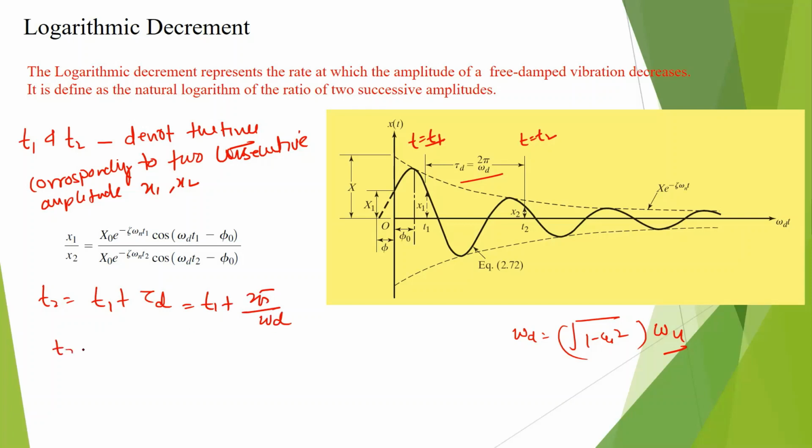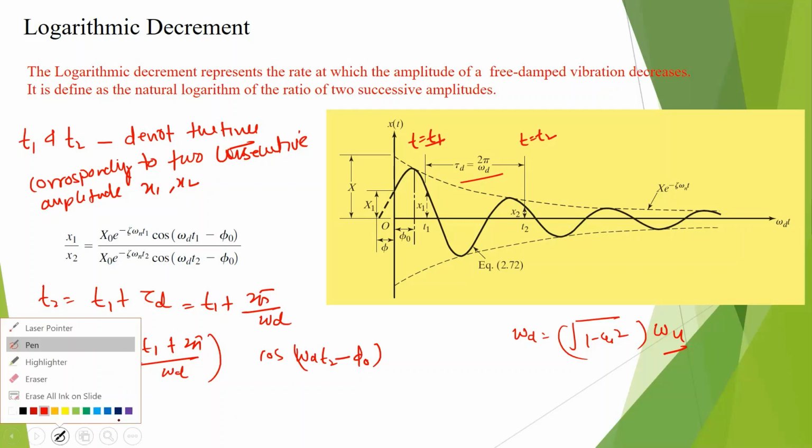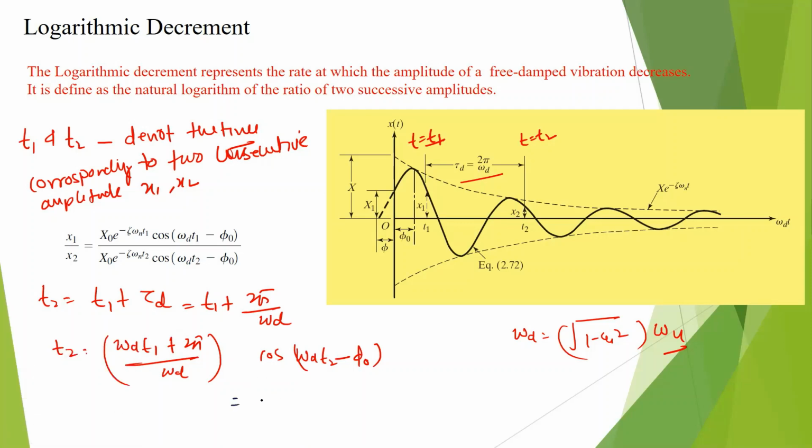Now if we replace t2 in terms of t1, then cos omega d t2 minus phi naught can be written as cos of omega d times t1 plus 2 pi by omega d, minus phi naught.